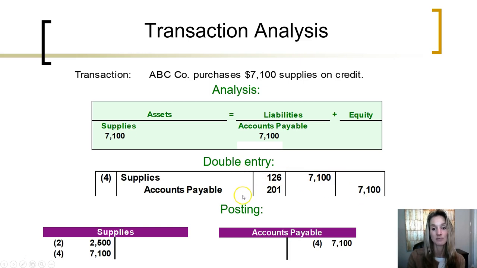Debits first, then credits. At least one debit, at least one credit. Total dollar amount of debits equal total dollar amount of credits. Post these to the general ledger to actually cause the account balances to change and bring our post reference back to the general journal.